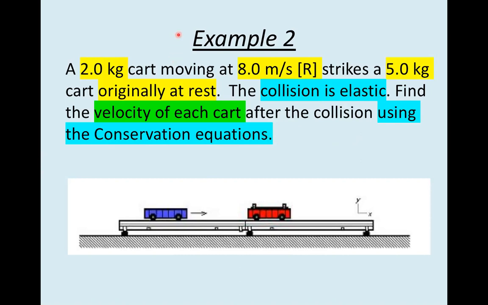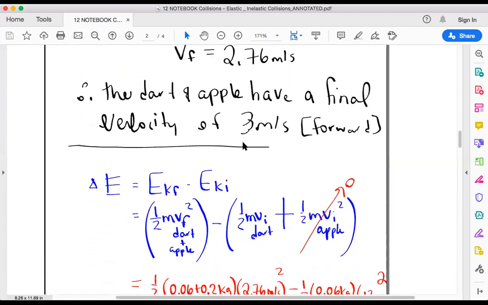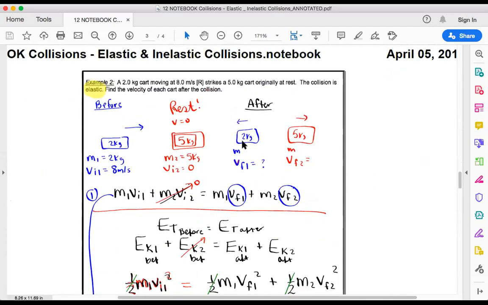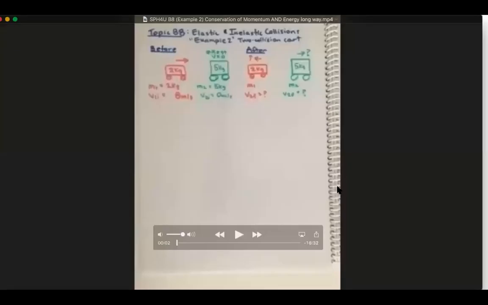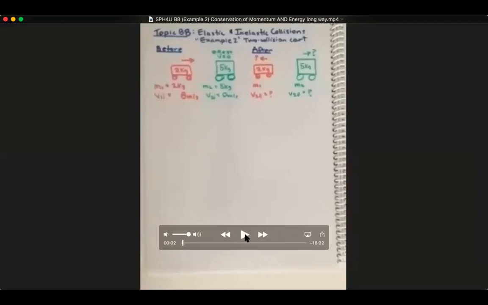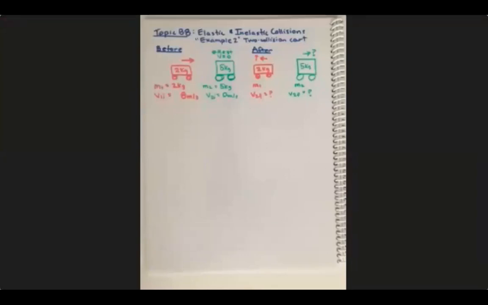So we are going to set up the before and after diagrams. I'm going to speak about this diagram step by step. This is B8, elastic and inelastic collisions, example 2, the two-cart collision.